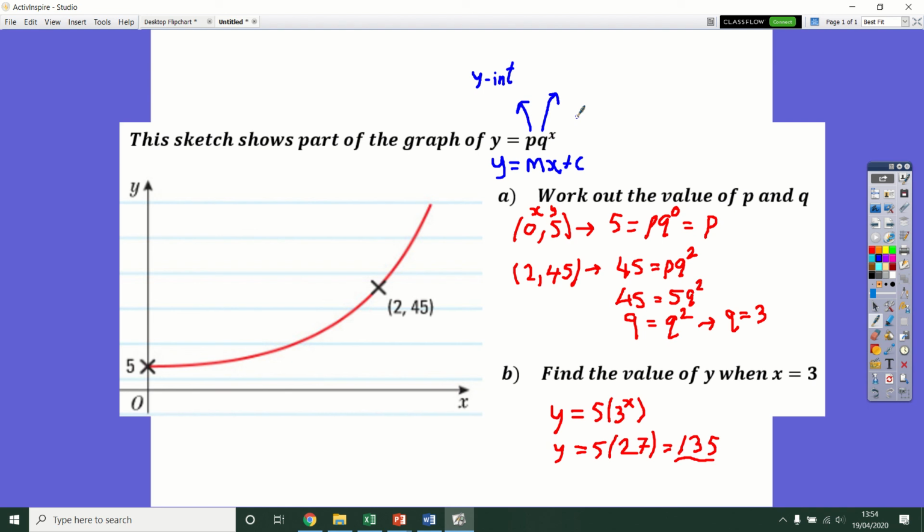It tells you about how quickly this graph grows, so I'm going to write it as the rate of growth. Whenever your x increases by 1, if I take one step to the right, then the effect on the graph is going to multiply the function by q. So it's like a multiplier that gets you from each x value to the next.